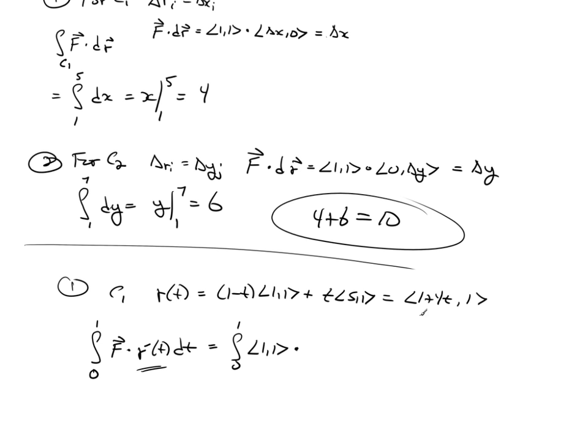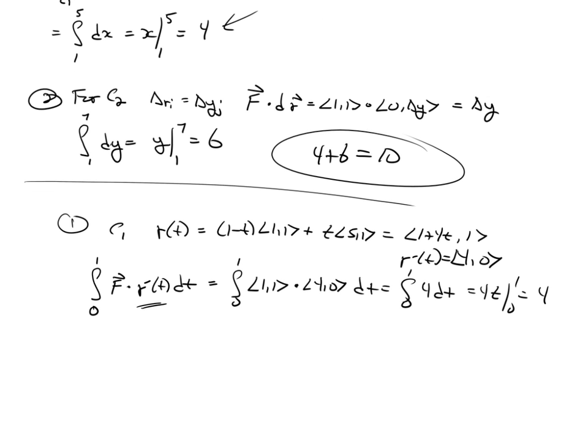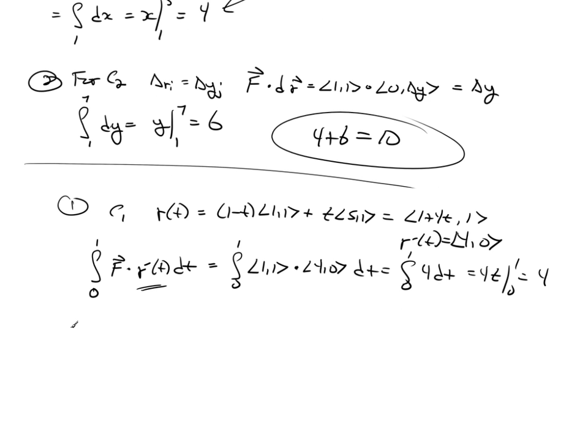It's supposed to be r prime, and I put r in there. So r prime of t is going to be (4, 0). So that's going to be (1, 1) dot (4, 0) dt, which is the integral from 0 to 1 of 4 dt, which is 4t evaluated from 0 to 1, which is just 4, which is what we'd expect. That's the same thing we got last time, and we are integrating over that same line segment.